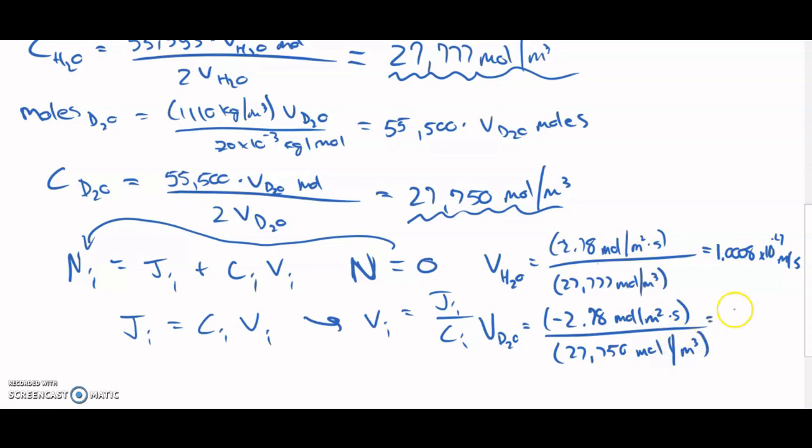And that'll come out to negative 1.0018 times 10 to the negative 4 meters per second. Oops, let me fix this.